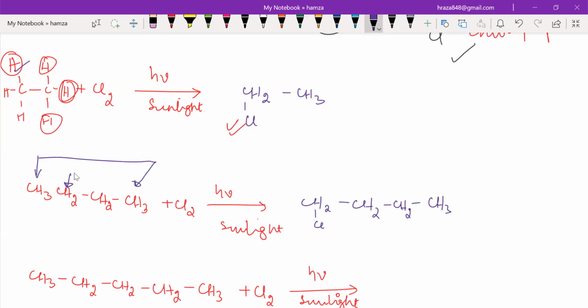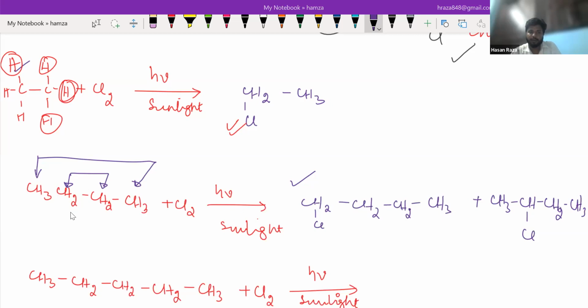And if you attach here and here, this will be the same. So only two products. Here we can make it 2-chlorobutane, and 1-chlorobutane.